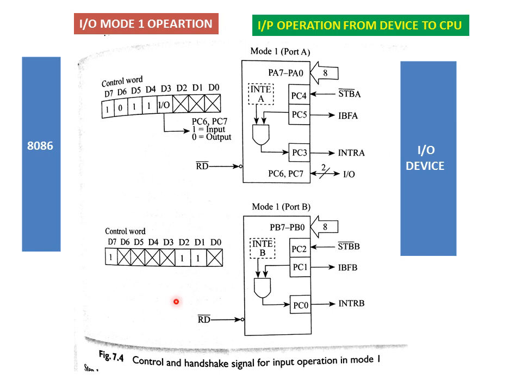But here we used only port B for transferring data from the IO device to the 8086 processor. Like this, using the control words, the 8086 microprocessor reads data from the IO devices through port A or port B.